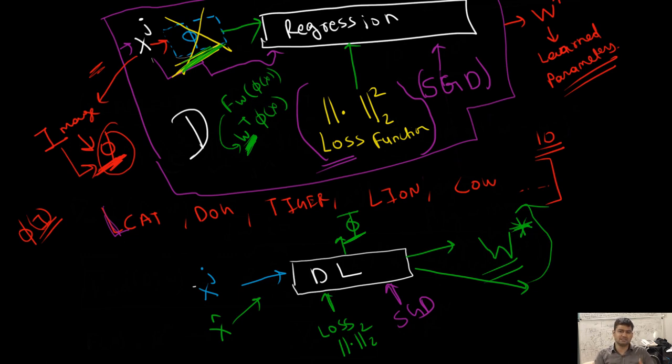The deep learning model itself builds a highly non-linear, high-dimensional representation of your input data points X. So whatever theory you're going to learn in this course, be it pertaining to optimization, learning algorithms like stochastic gradient descent, or different kinds of loss functions when we discuss different kinds of machine learning algorithms, all of this will help you to construct your own loss functions, to construct your own learning algorithms, and it will help you to select the deep learning model that is best suitable for the problem that you're solving.